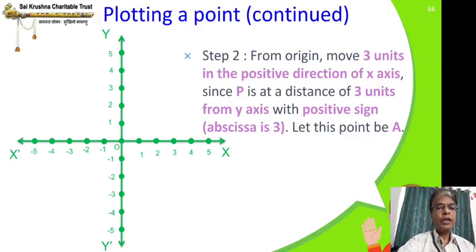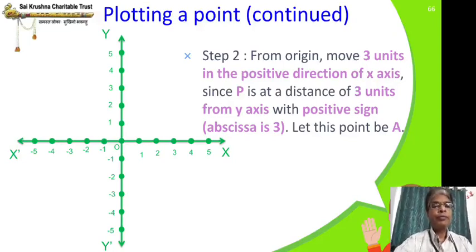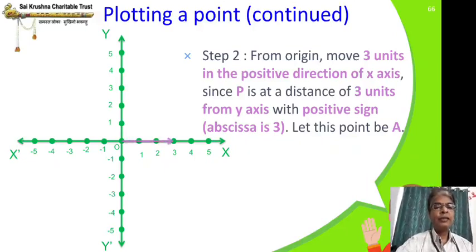So I am drawing a line 3 units from the y-axis. We start with the origin and measure from the y-axis, because we have to find the abscissa. The abscissa is the distance from the y-axis; the ordinate is the distance from the x-axis. It's the opposite one. And since it is plus 3, we are moving in the positive direction.